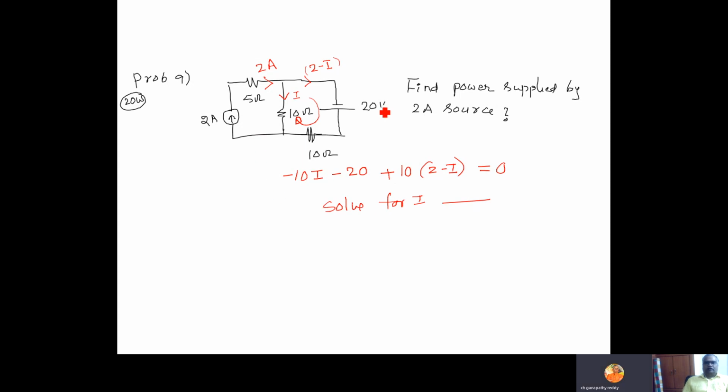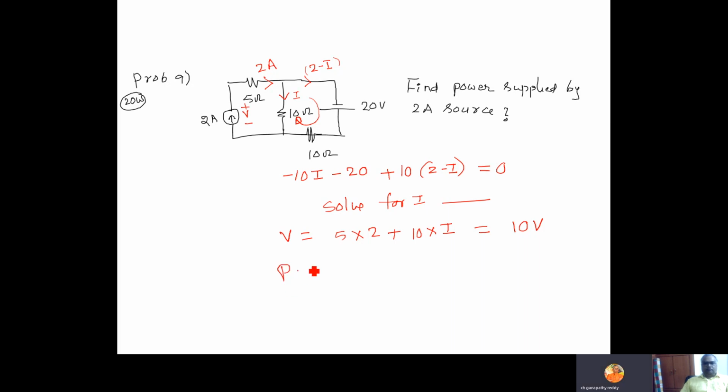Once you get I, what is the question? The power supplied by the 2 ampere source, so we want to find V. For this V, again the same rule: start at positive, go to negative. You get 5 into 2 plus resistance of 10 times current I. Substitute this I value, simplify, and you get V of 10 volts.